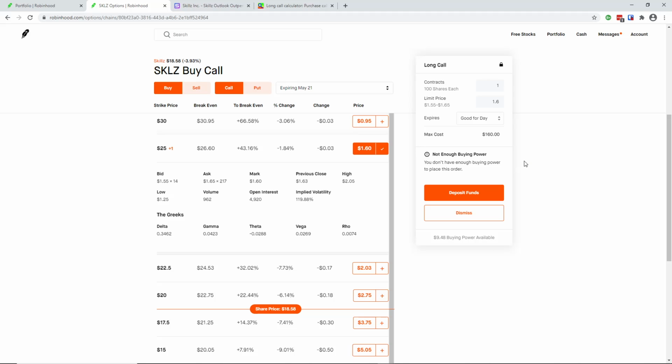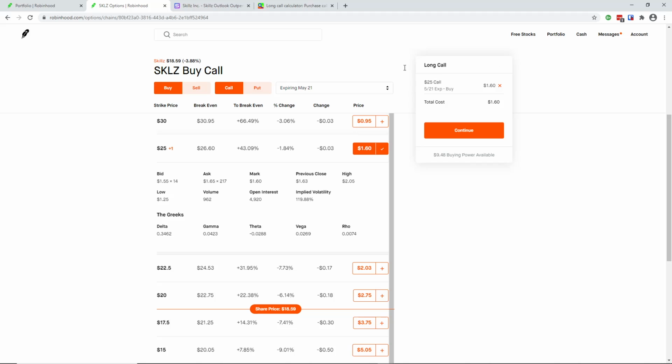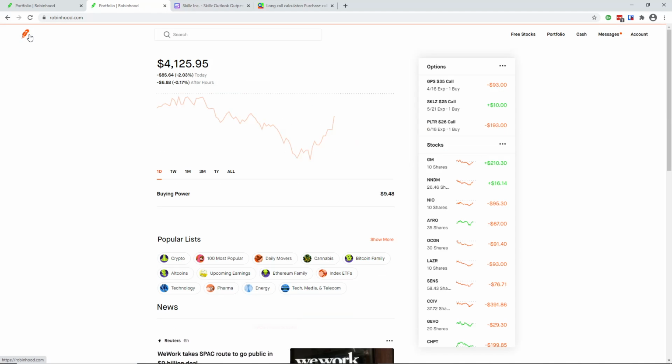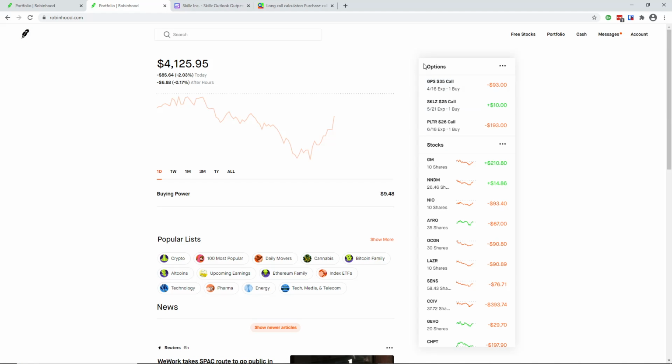In this case, I'm not able to execute it because I don't have the funds. So you just, like I said, execute it. Depending on where you are with the bid ask, once it gets assigned, it's gonna show up here under options, like this, with whatever options you have.